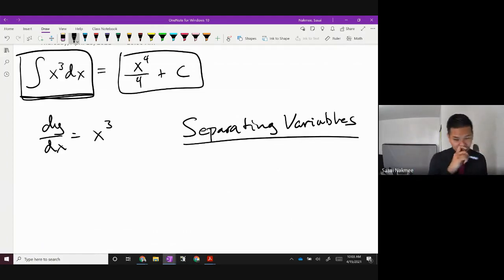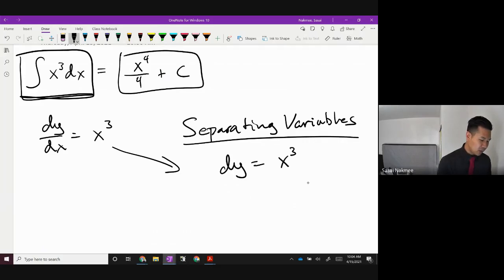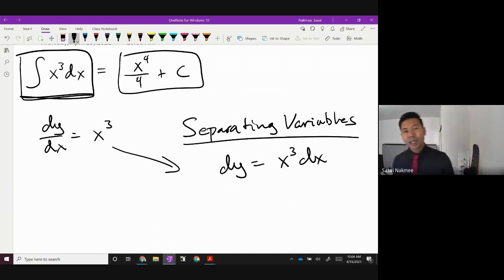This is going to look a little bit weird because we've never actually dealt with splitting up the dy dx, but that's essentially what I'm going to be doing here. When I separate these variables, I'm going to rewrite this as dy is equal to x cubed dx. We don't normally do that when we take derivatives, but we do this when we deal with differential equations.